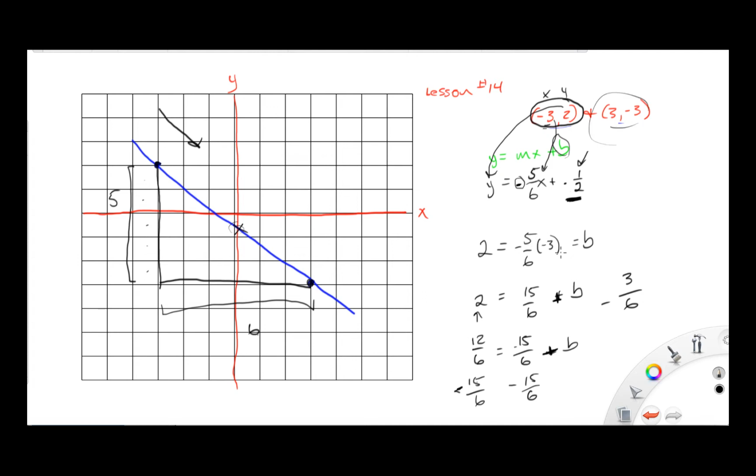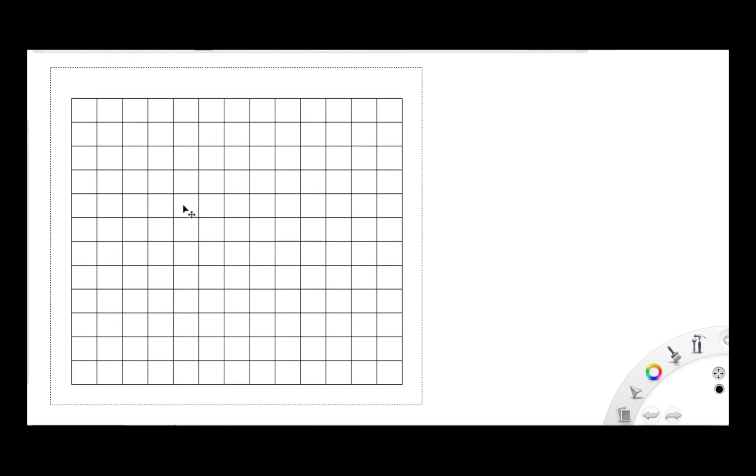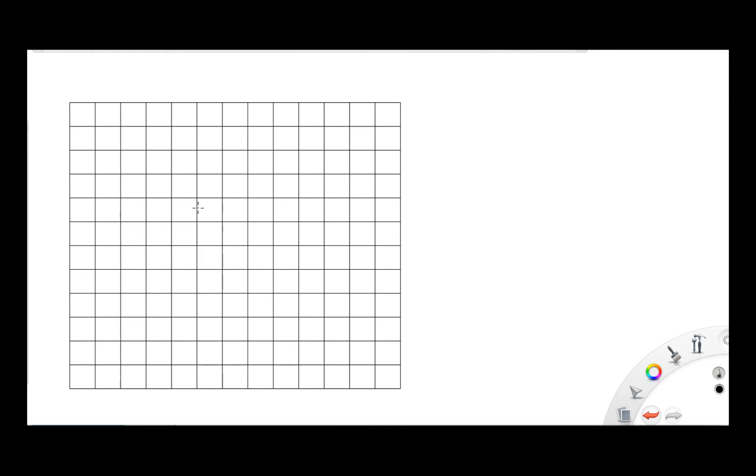I'm not going to use that because we've already solved. It doesn't matter which set you use because it's the same, it's on the same line. These 2 points are on the same line. So you can use 3, negative 3, okay, or the negative 3 and 2. You can choose to use that either way, okay? So this is a really kind of difficult concept if you don't understand how to do this.